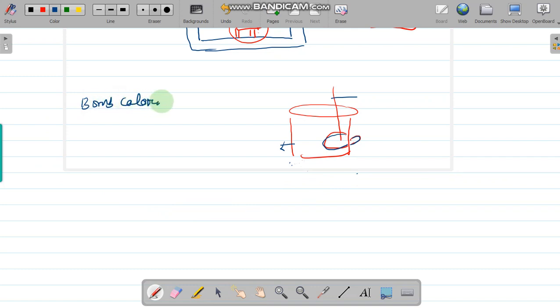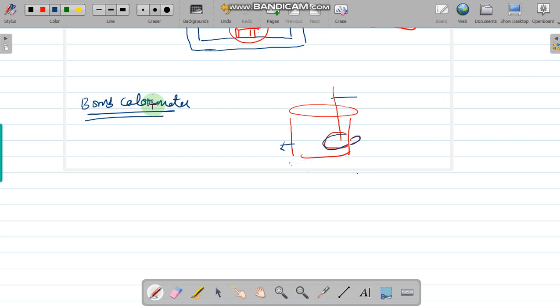For the bomb calorimeter, please refer to the NCERT book for the diagram. Bomb calorimeter we basically use for determining the heat of combustion for fuels like coal, kerosene oil, petrol. It has a strong metallic chamber which is called a bomb.